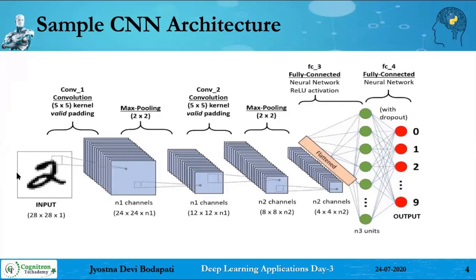Say for example, if it is 2, then this is the 0th class, and this neuron output should ideally be 0, and this should be 0, and this should be 1, and the rest of the neuron outputs should also be zeros. But that will not happen. If your model is correctly identifying digit 2, then this particular neuron output will be close to 1, and the rest of the values are close to 0.